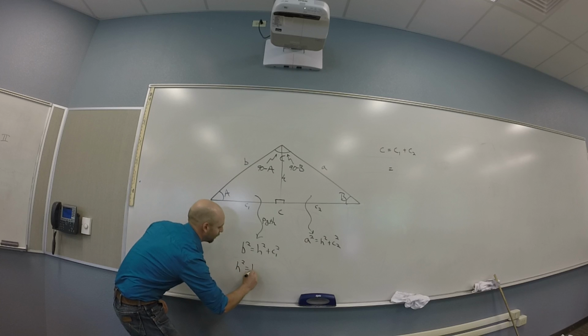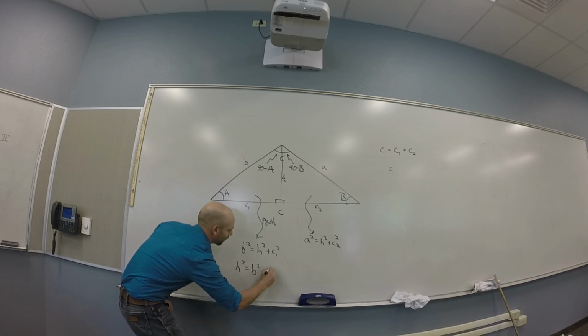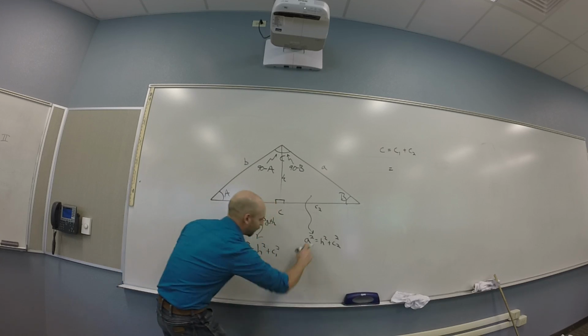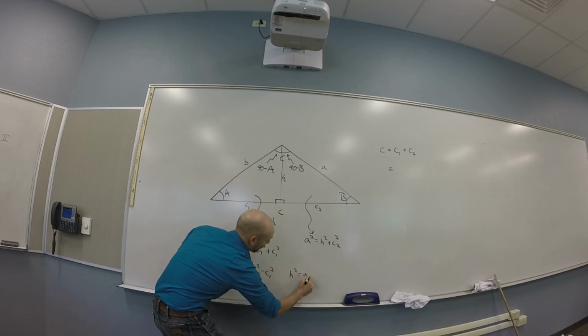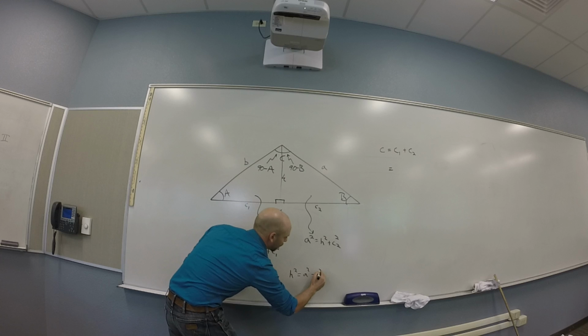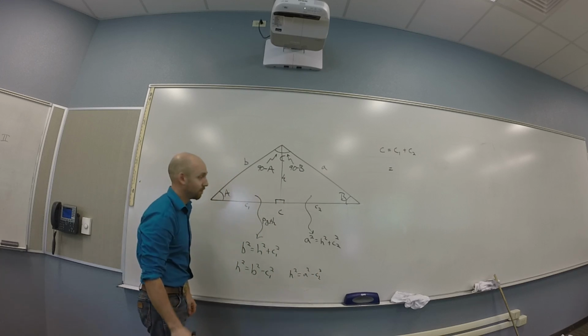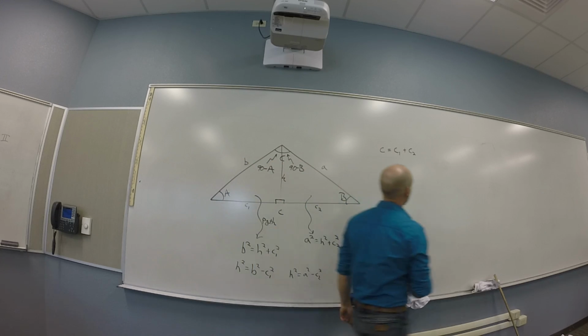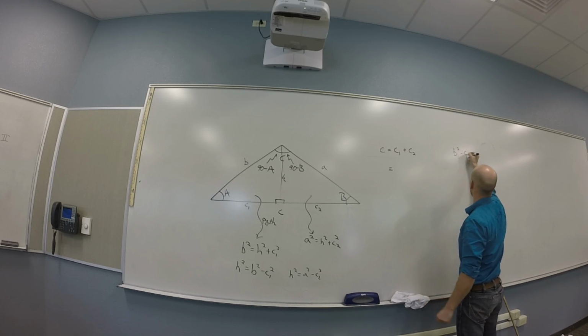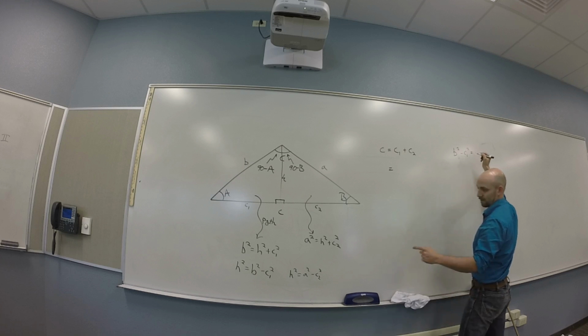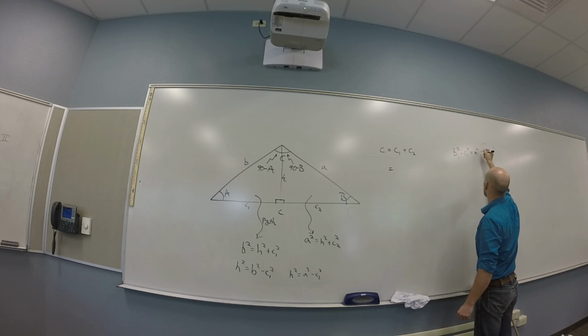So h squared is b squared minus c1 squared. And over here, I get h squared is a squared minus c2 squared. That seems like a good idea. So that means those two are equal. So that's going to tell me that b squared minus c1 squared is a squared minus c2 squared.